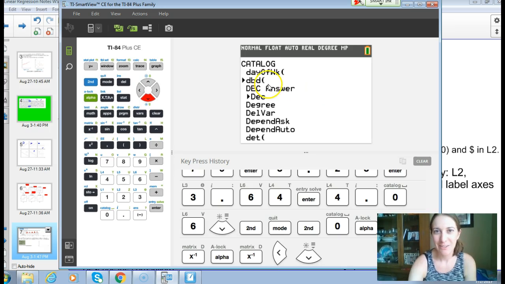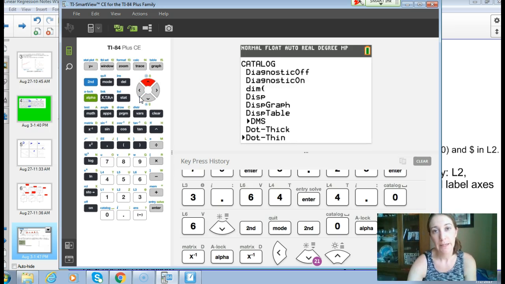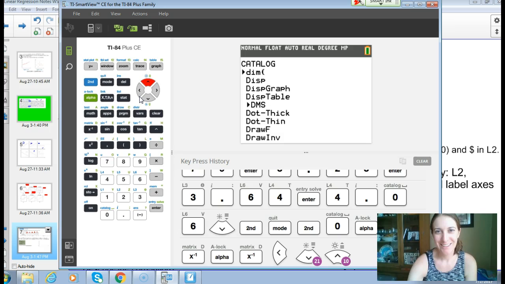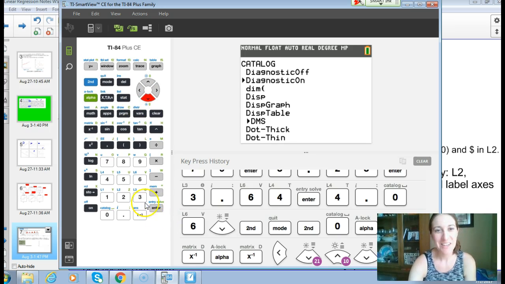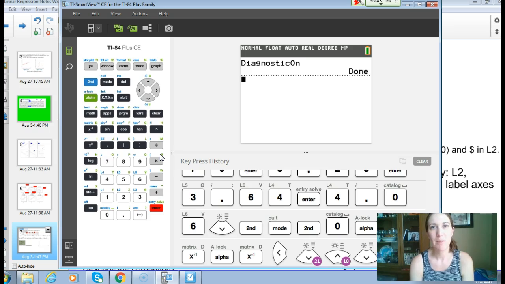All right, and then we scroll down to where it says diagnostics on. There we go. Oops, my scrolling has a delay. Okay, on. And then hit enter, and then hit enter one more time. And then they're on.